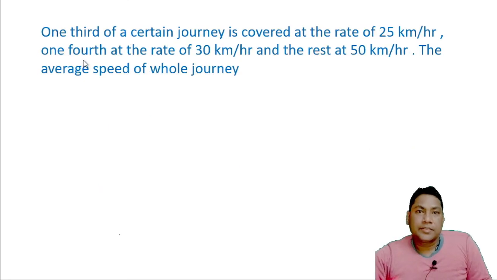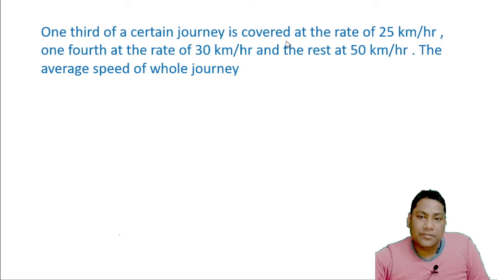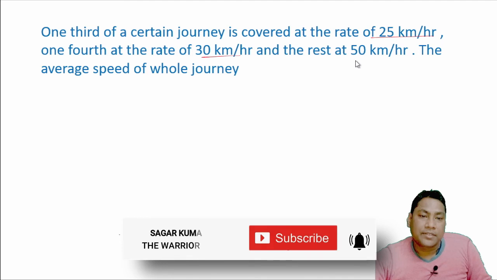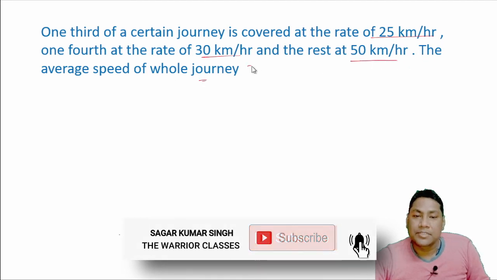So friends, we'll solve these questions. In the question they have asked: one third of a certain journey is covered at the rate of 25 km per hour, one fourth at the rate of 30 km per hour, and the rest at the rate of 50 km per hour. Calculate the average speed of the whole journey.